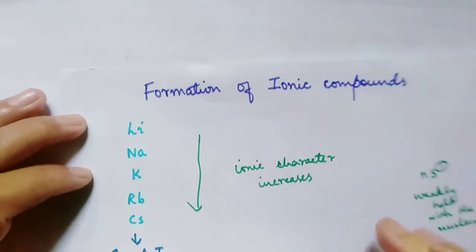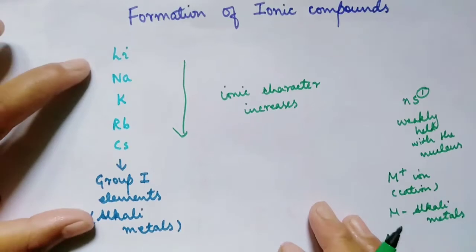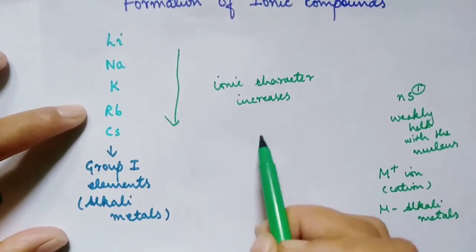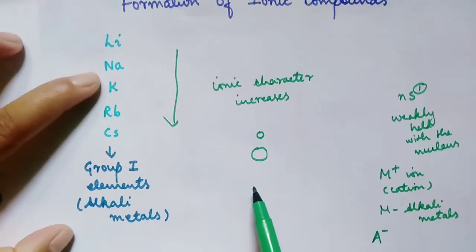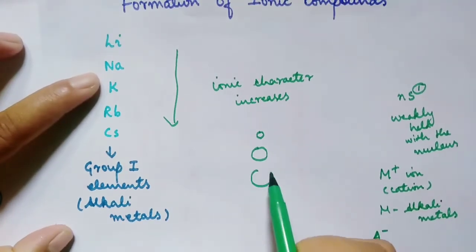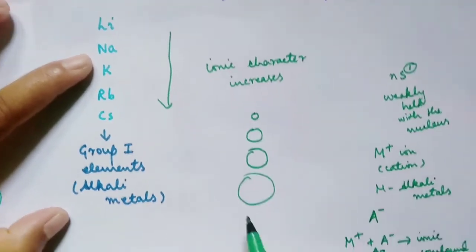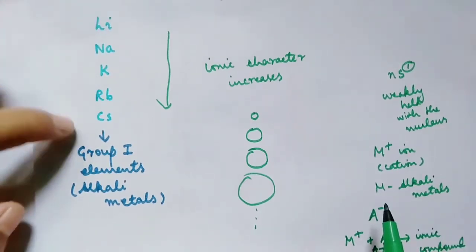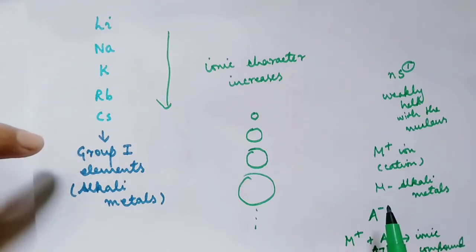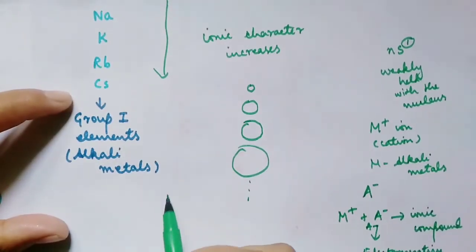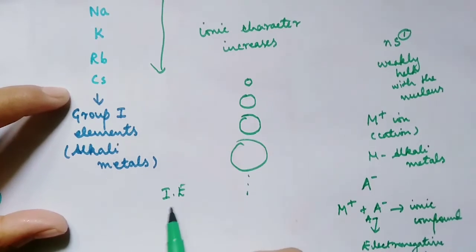Because as we move from top to bottom, the size of these atoms, small for lithium, becomes big for sodium, and then larger and larger, and so on. As we move down the group, the size of the atom increases. So when the size of the atom increases, the ionization energy or enthalpy decreases.